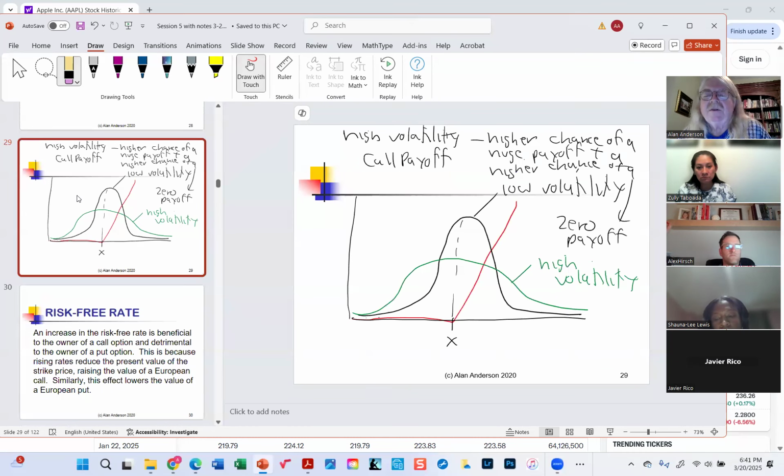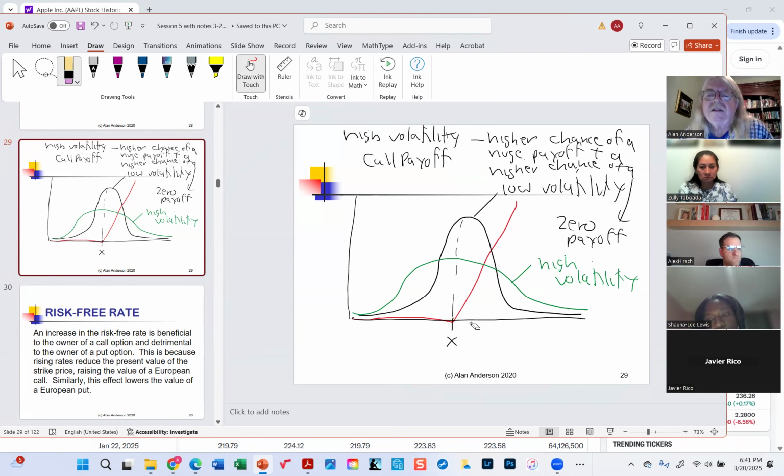Actually, I have this little, I don't know if this is going to make any sense or not. You're seeing these two curves, by the way, represent the normal distribution, which we'll discuss at a later date. If you haven't already seen this in statistics class, this is the distribution of the underlying stock. And in the black case, it has low volatility. In the green case, it has high volatility.